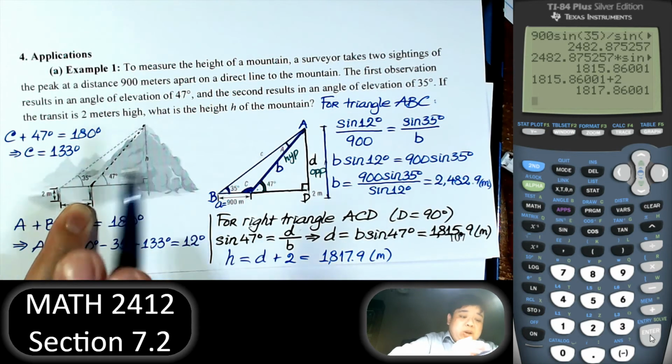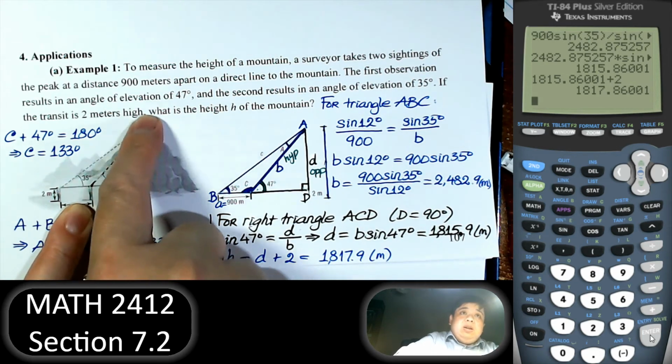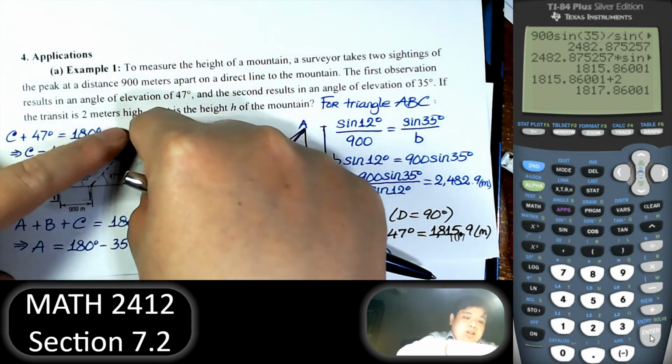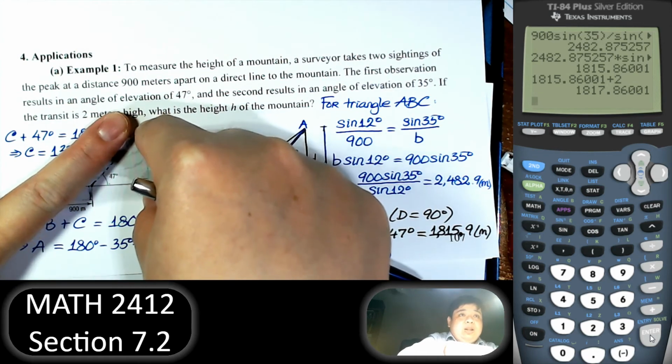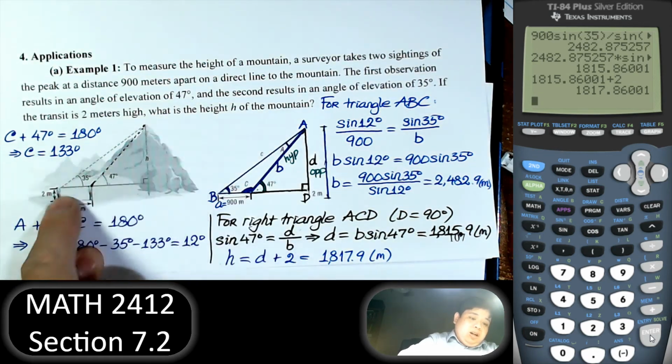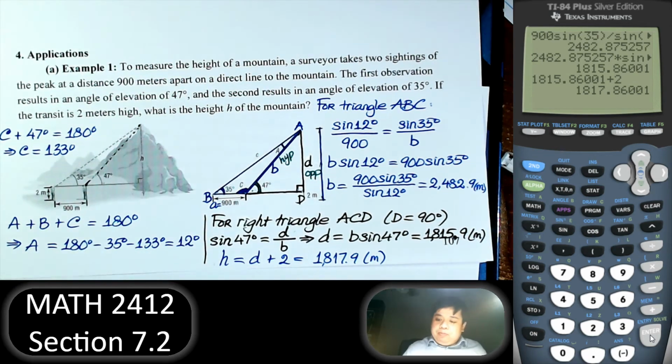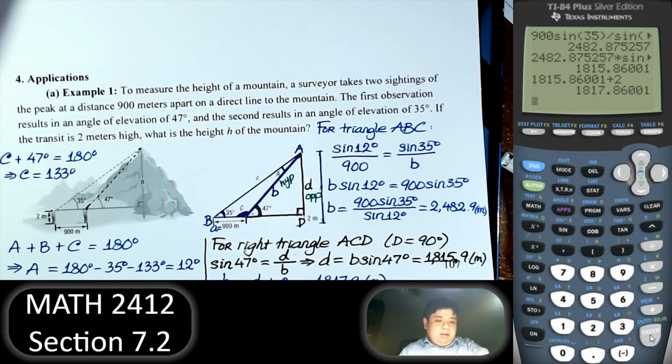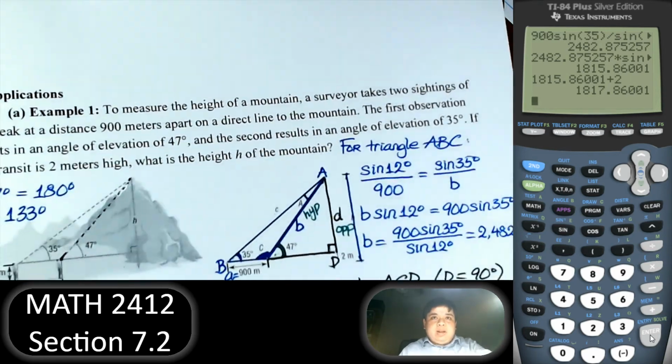So in that case, we cannot find that height just using the right triangle. We have to use a related triangle to solve for it. Right, so that's what we have from that problem.